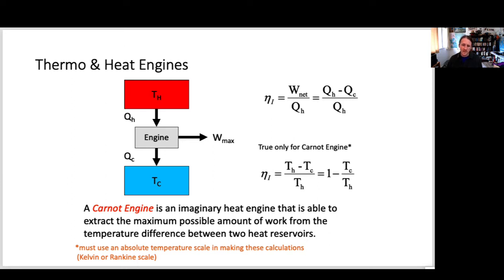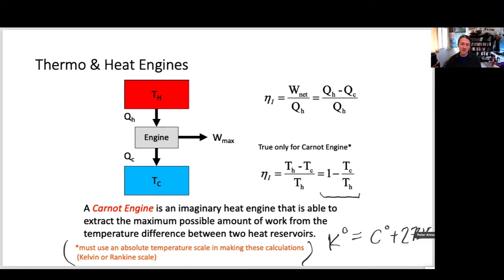One thing that we can do is use algebra and rewrite this as 1 minus the temperature on the cold side divided by the temperature on the hot side. There's a really important note at the bottom here, which is that these temperatures all have to be in absolute terms, on the Kelvin or the Rankine scale. So remember that Kelvin degrees are equal to some number of degrees Celsius plus 273.15.